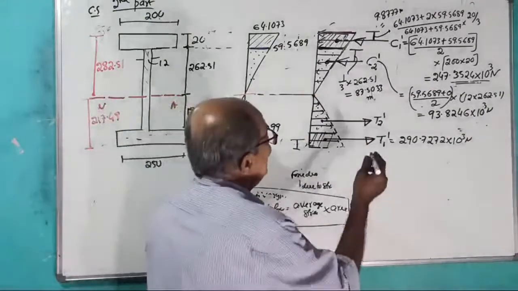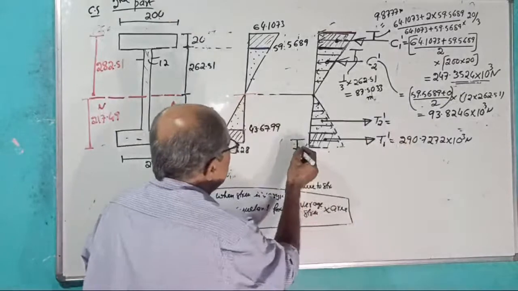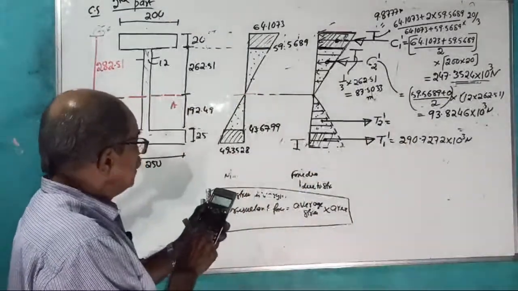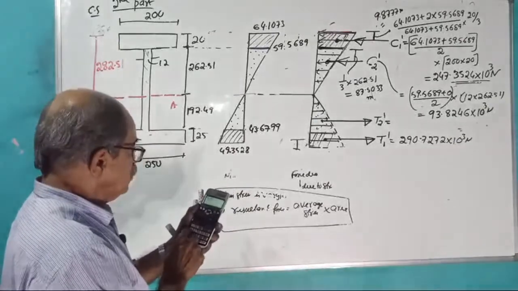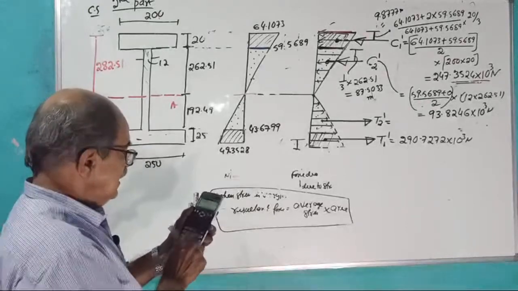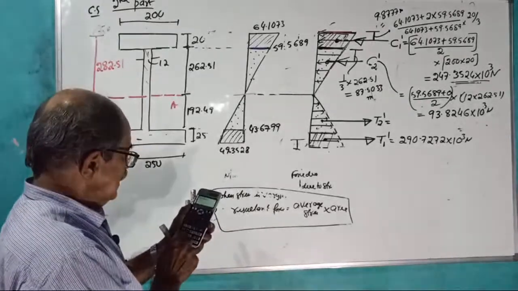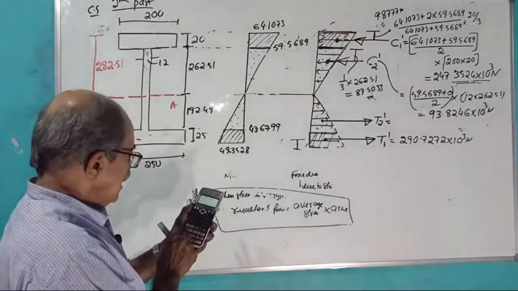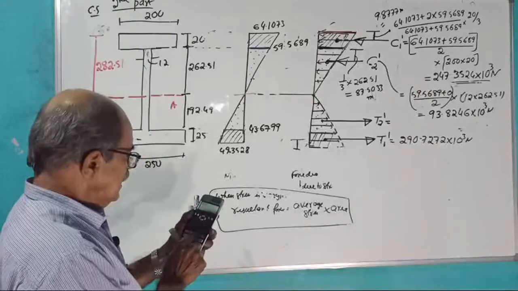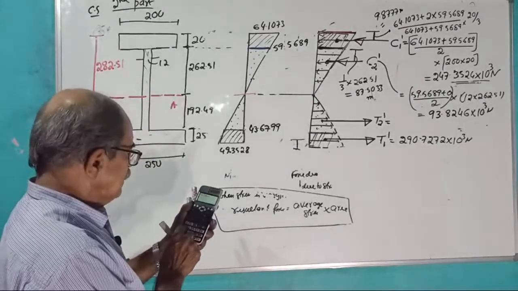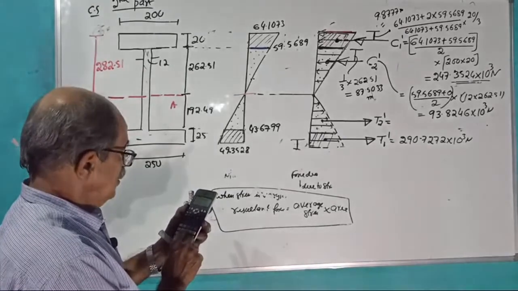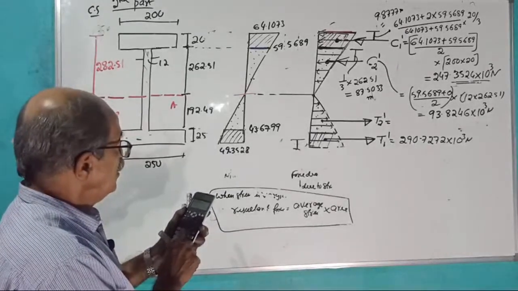290. Yes. And this distance is from here. From here I want, you should write 49.3528 plus twice of 43.6799 divided by 49.3528 plus 43.6799, answer into 1 into 25 divided by 3.